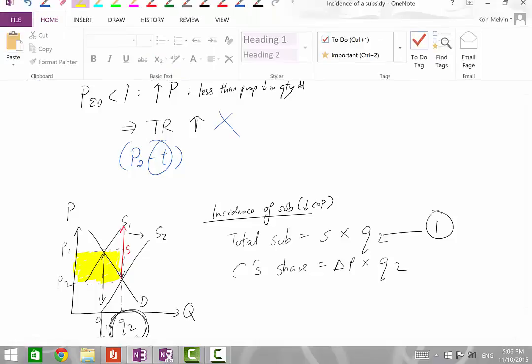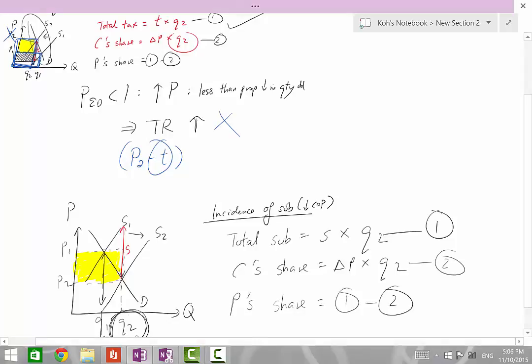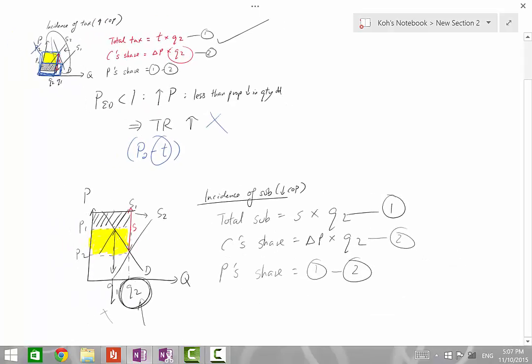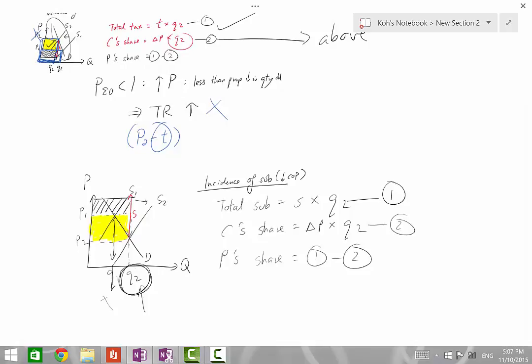Whereas the producer's incidence is again 1 minus 2, which leaves me with this amount. And you can see a clear difference here. In the case of a tax, the consumer share is the one that lies above. Whereas when you have a subsidy, the consumer share is now below.